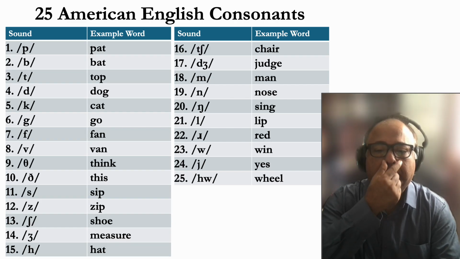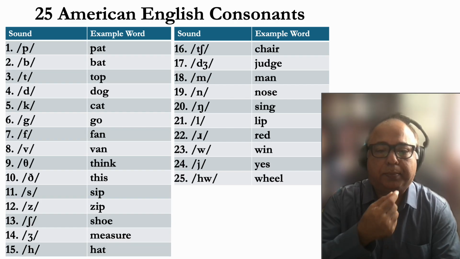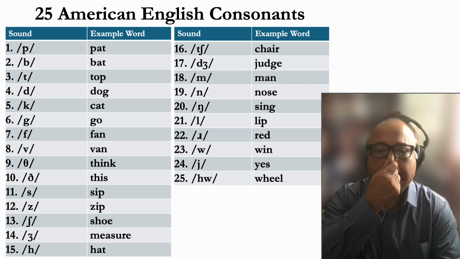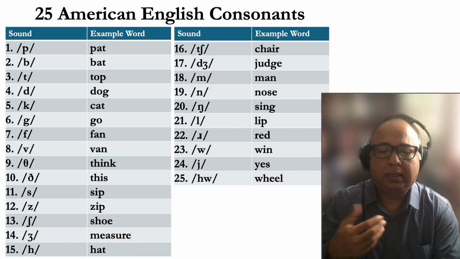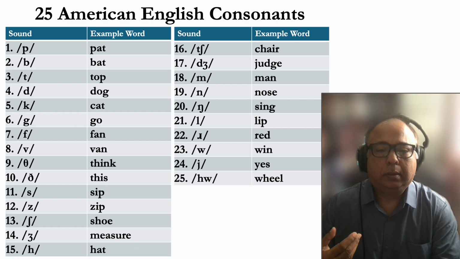So if you pinch your nose and try to pronounce these three nasal consonants, you'll find it very difficult. Let's see. No. It's hard, right? M as in man, n, nose, ng, sing, singer.